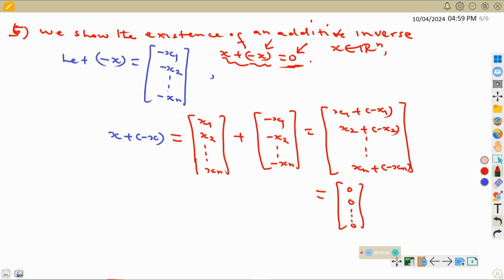So looking at this, we can clearly see that x plus negative of x is giving us 0, which 0 is this vector here. So if this is true, we can now therefore say that negative of x is an additive inverse.